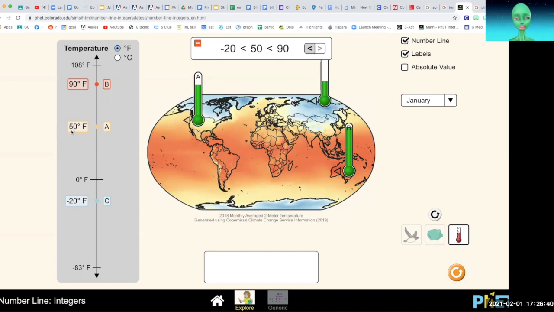What's the difference between 50 and 0? To get from 50 to 0, that's 50 degrees difference. And from 0 to minus 20, that's 20 degrees difference, right? So you have 50 plus 20. So it is 70 degrees colder in Russia, or 70 degrees warmer in California.